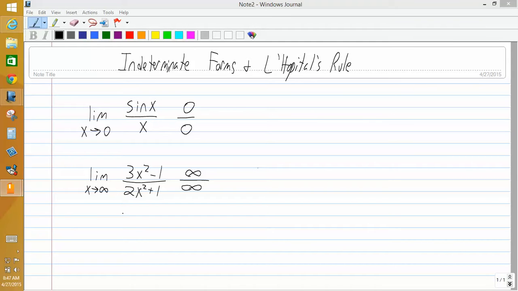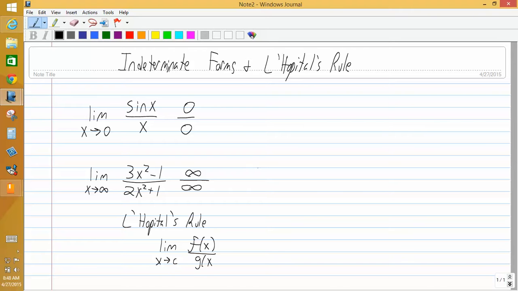What L'Hopital's rule says is that if you can get the expression that you're taking the limit of in the form of 0 over 0 or infinity over infinity, then the limit as x approaches c, some constant c, of f of x over g of x is equal to the limit as x approaches c of f prime of x over g prime of x.